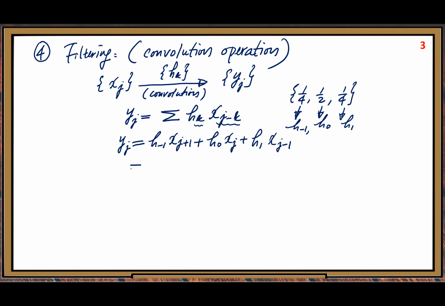So if we plug in the numbers, 1/4 times xj minus 1 plus 2xj plus xj +1. So you can see the specific filtering operation, we just do this kind of simple operation.